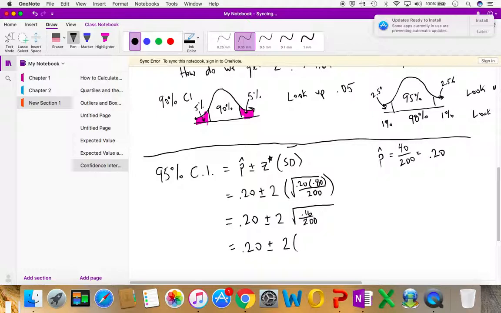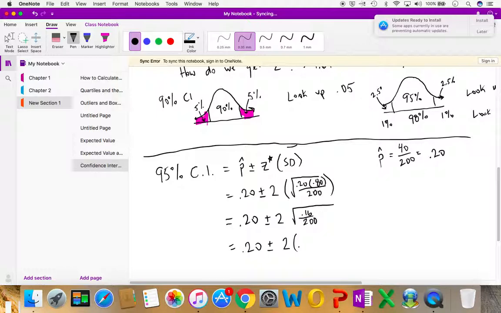So I'm going to use my calculator here, and we're going to get 0.16 divided by 200, and I get 0.0008. I'm going to take the square root of that, and the square root of that is 0.028.